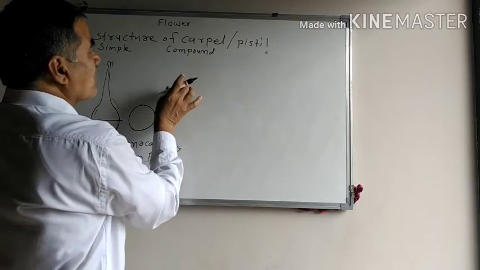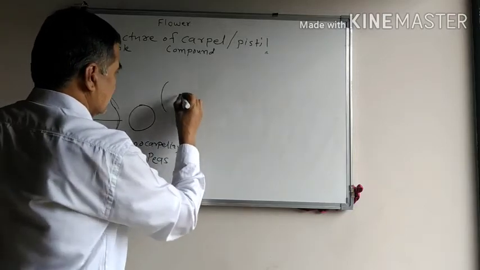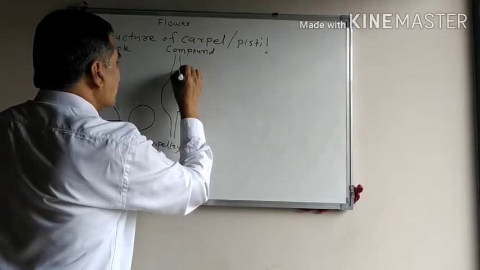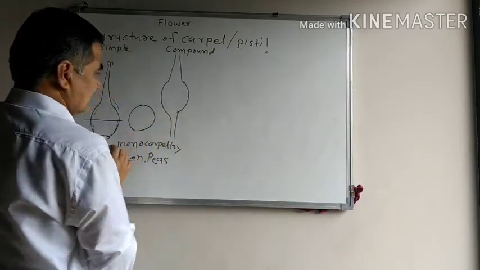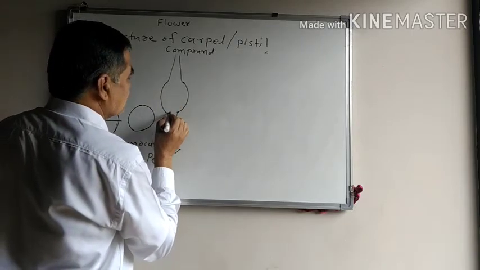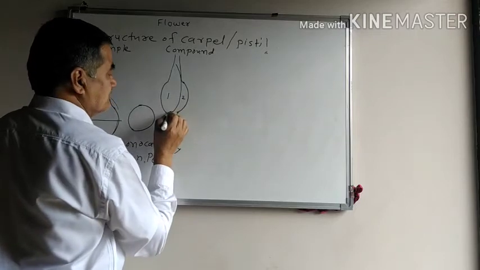Here, compound carpels. The ovary consists of more than one carpel. Here, two carpels, number 1, number 2.